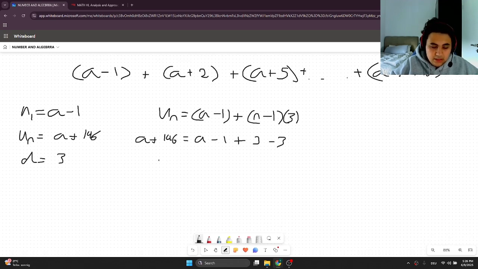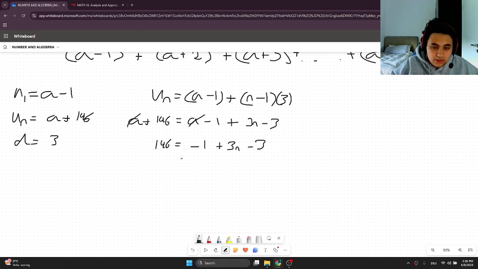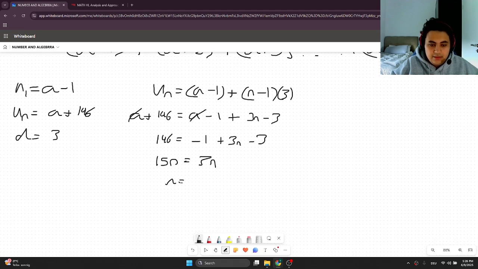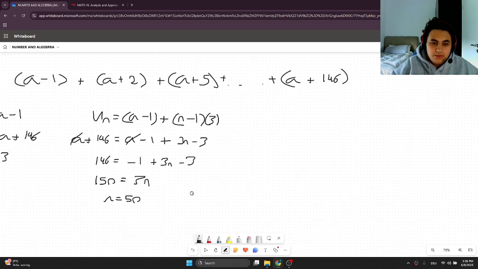We can subtract a from both sides, so you can cancel these two out. So you have 146 is equal to negative 1 plus 3n minus 3. Minus 1 minus 3 is minus 4. Adding it here, you're going to have 150. So 150 divided by 3, n is equal to 50. So there are 50 terms in total.